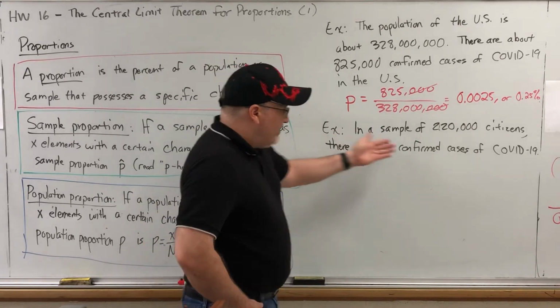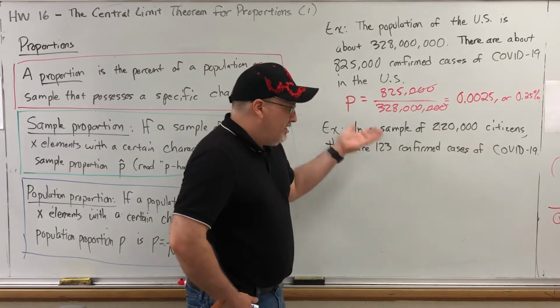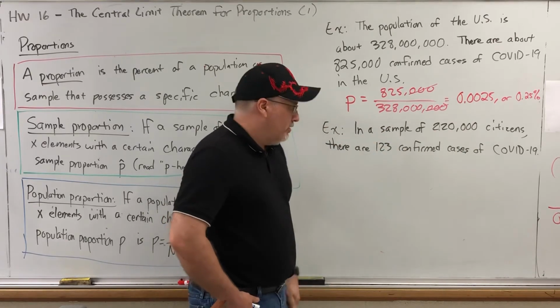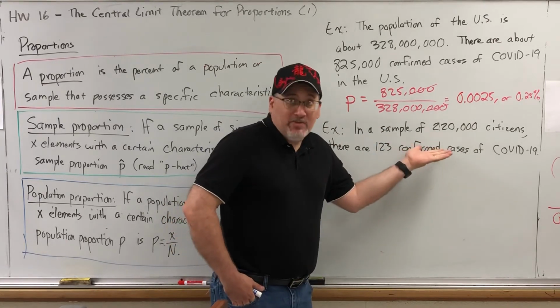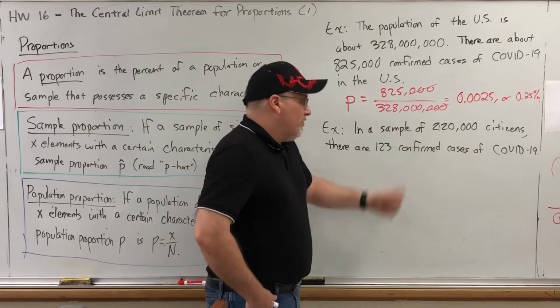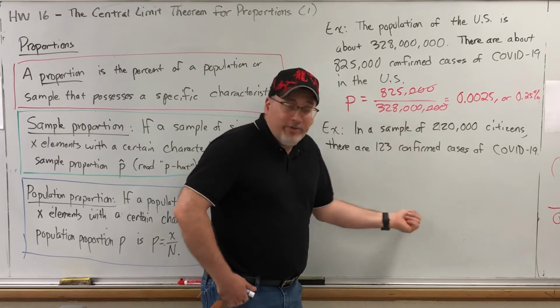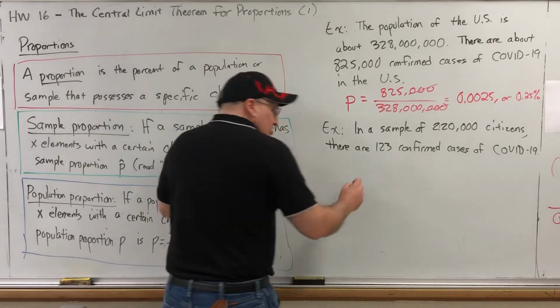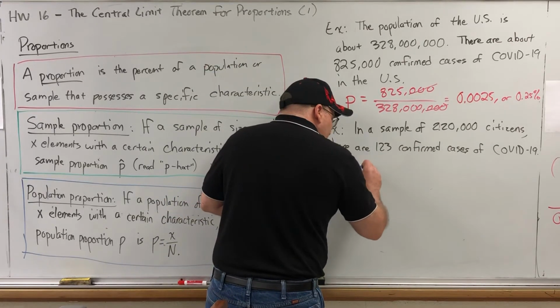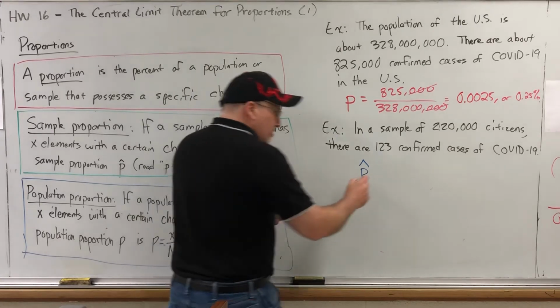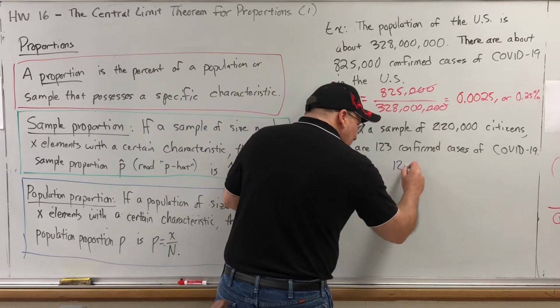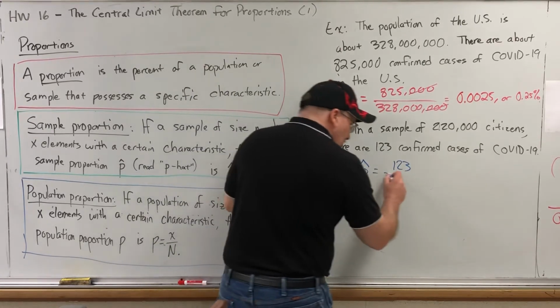If we think of this as a sample of the entire country's population, as opposed to the population of Smith County, or we could think of it as a sample of all Texas citizens, or a sample of everybody in the world. But if we treat it as a sample and we're going to calculate a proportion, then the correct variable is p hat. But it's still just how many have a characteristic out of the total.